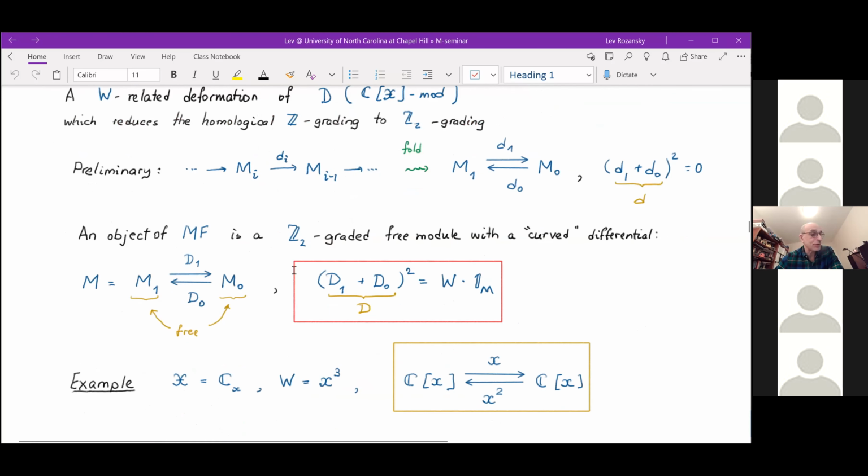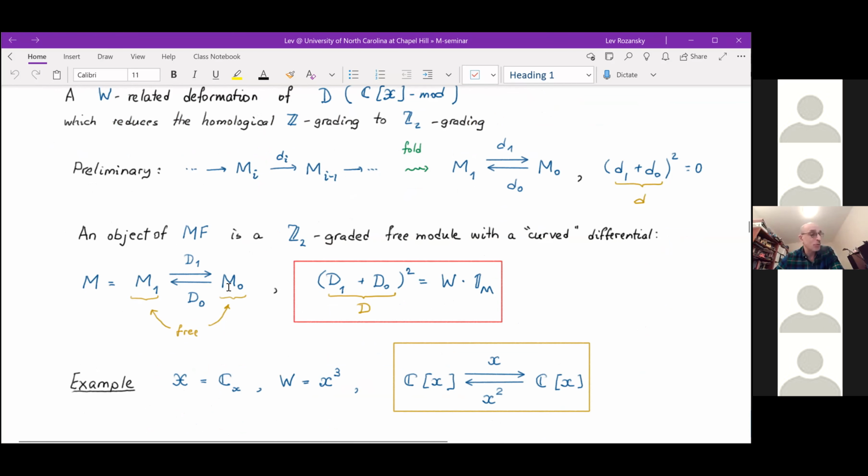In matrix factorizations, your object is very similar. It's a complex of two free modules. So instead of working with the derived category, we work with the homotopy category of free modules.